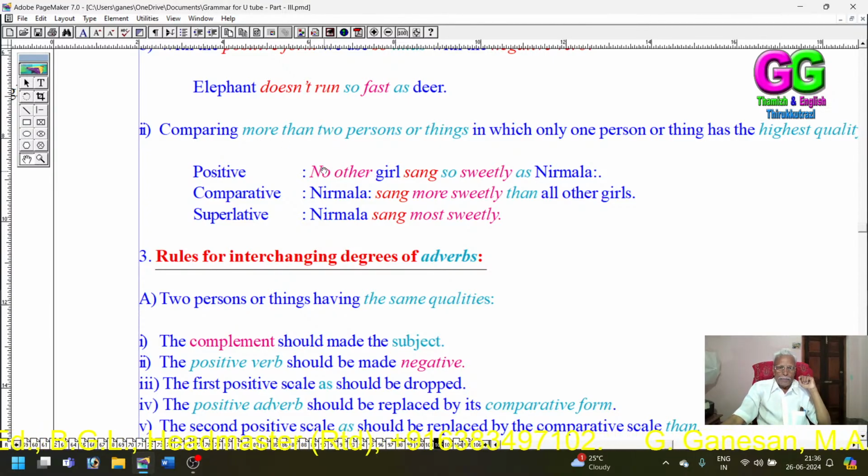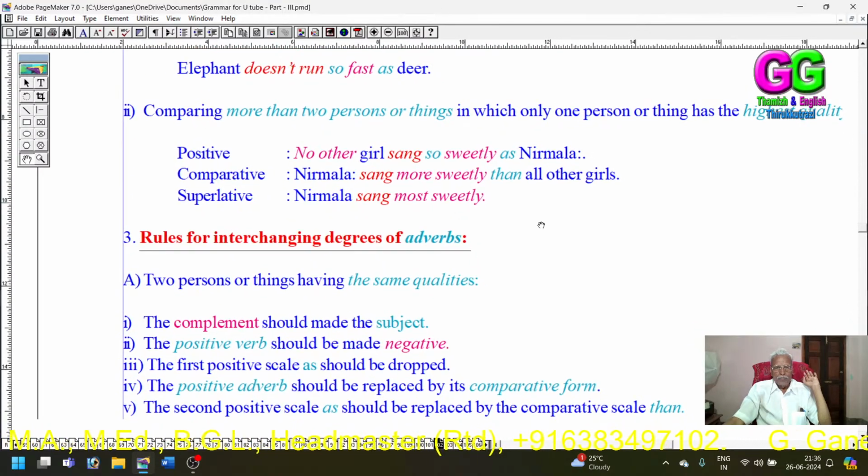First, positive degree. No other girl sang so sweetly as Nirmala. The words used here are no other, so, as.